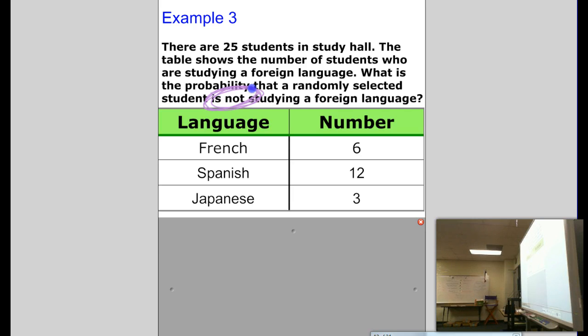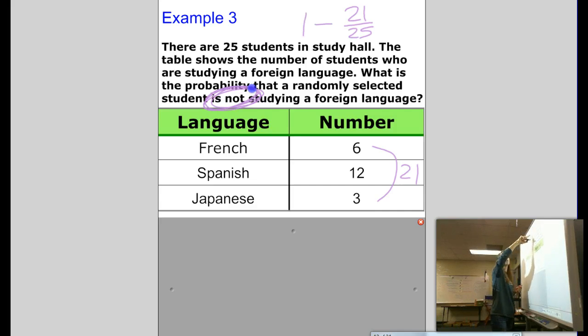So what's the probability that they're studying a foreign language? 21 out of 25. 21, very good. Did y'all add those up? Is that how you got so fast? 12 plus 3 plus 6 is 21. There's 25 students in study hall. 21 of them are studying a foreign language. I want to know how many are not.